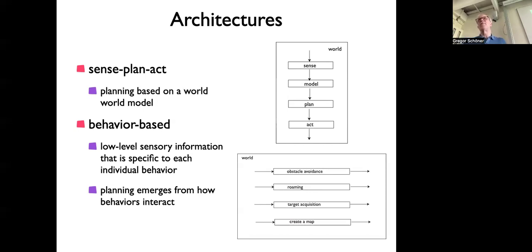So, for instance, one behavior could provide input to another behavior, or the other way around, the output of a behavior could be the sensory information for another behavior. I will show that the attractor dynamics approach, which I'll go into more deeply, overlaps with both of these. It can be used in this style, but it can also be used in this style. So we get a more concrete sense of what this actually means.